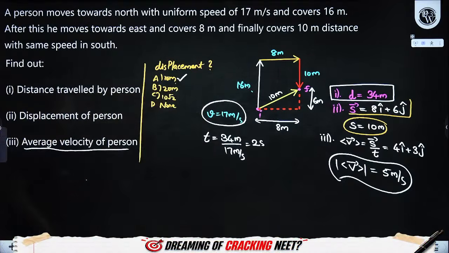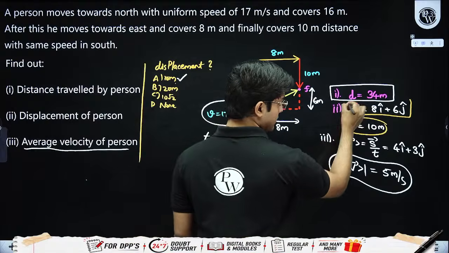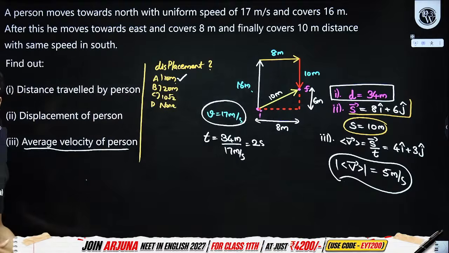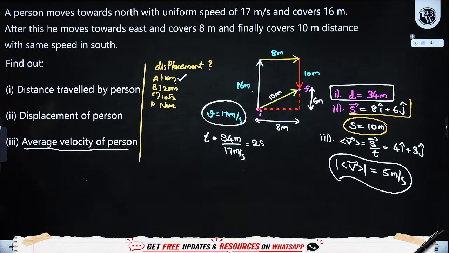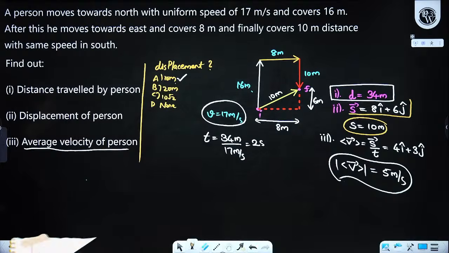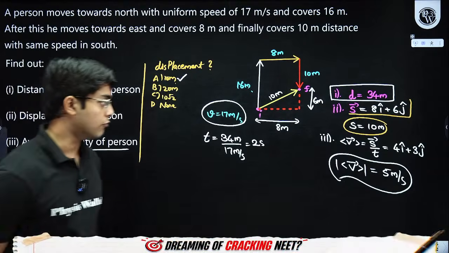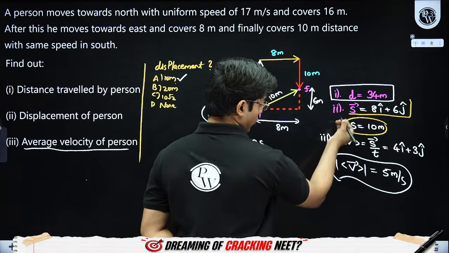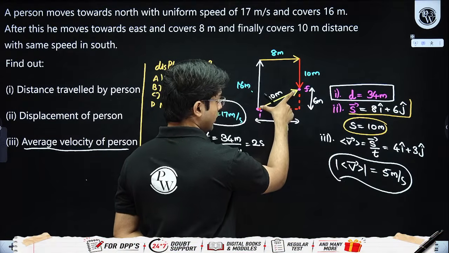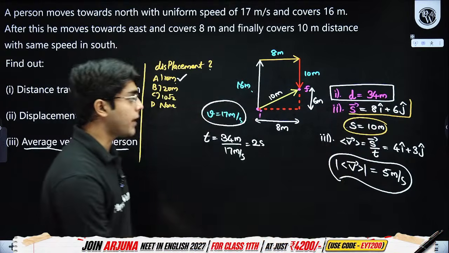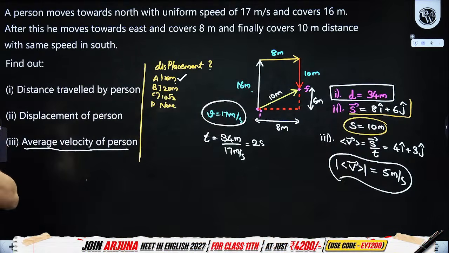But in general, if displacement is asked, it's a vector, so we should write it as a vector only. If you are not using the vector form, what you're finding is the magnitude only. So if you write the answer as 10, what you are writing is the magnitude of displacement.